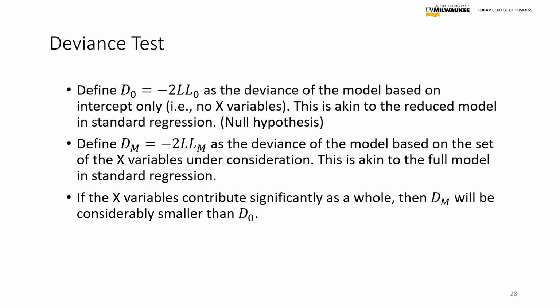This is akin to the full model in standard regression. As we add x variables, the deviance will always go down. The question is if adding the full slate of x variables will significantly reduce the deviance going from D0 to DM.